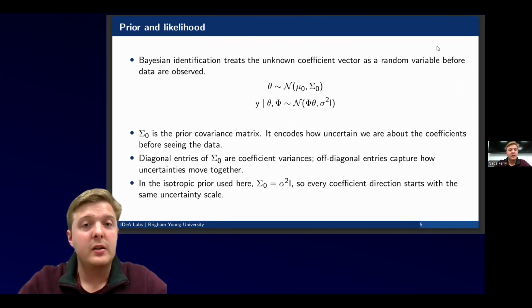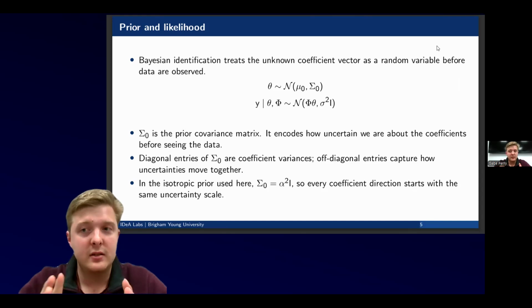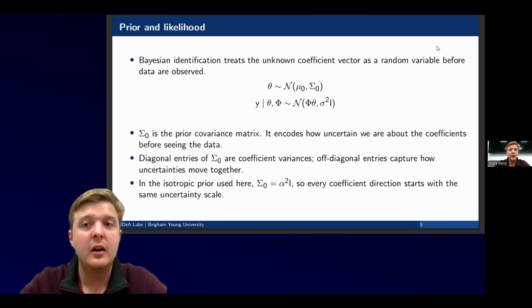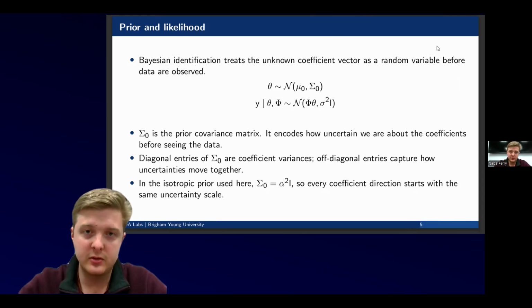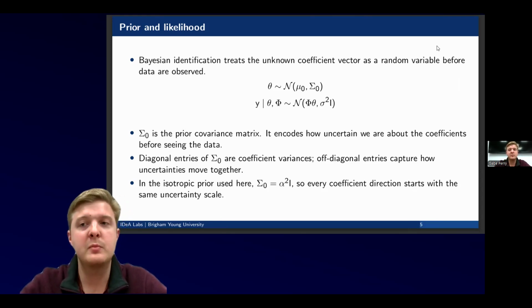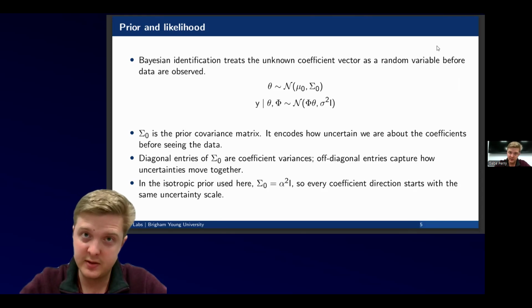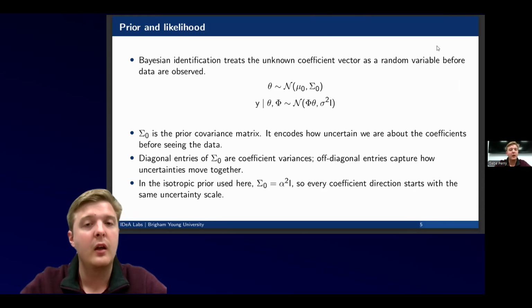So with that in mind, we are going to identify what we mean by the Bayesian contribution of this project. We are going to assume that these model parameters theta are not single numbers that we are trying to identify, but rather that they are themselves distributions. They are random variables.